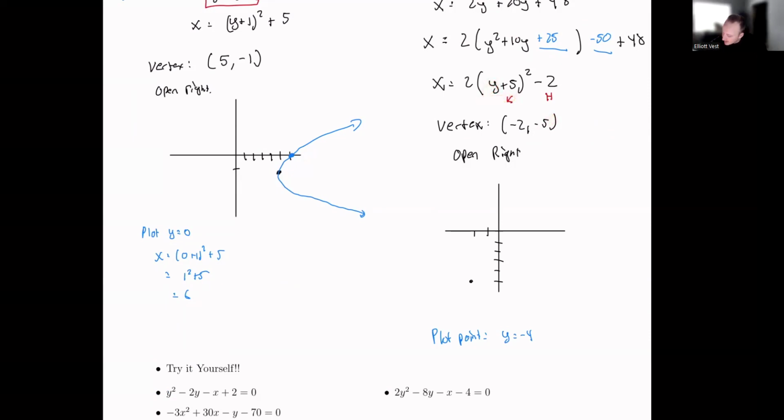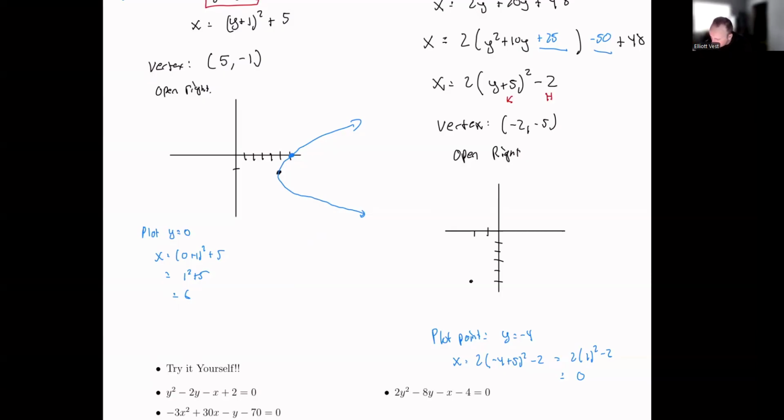So I have what? x equals 2 times negative 4 plus 5 squared minus 2. That is 2 times 1 squared minus 2. That's 2 minus 2. That's 0, right? Is that 0? Yeah, that looks good.